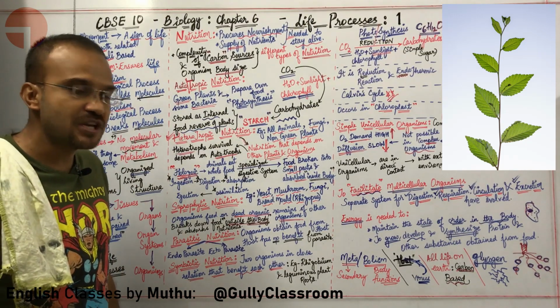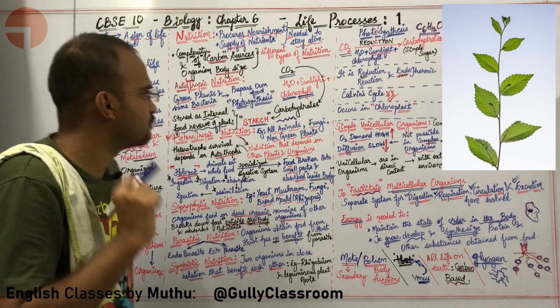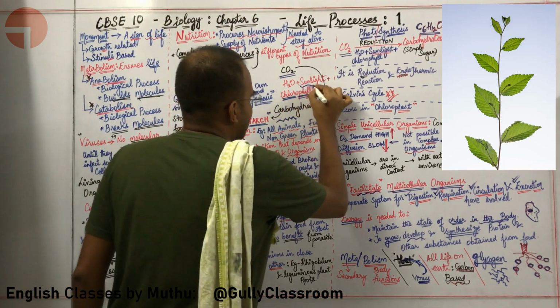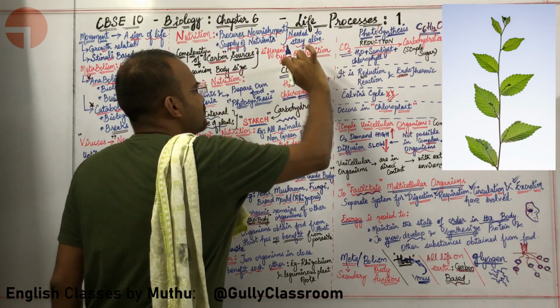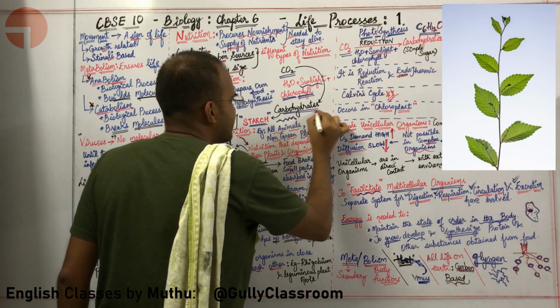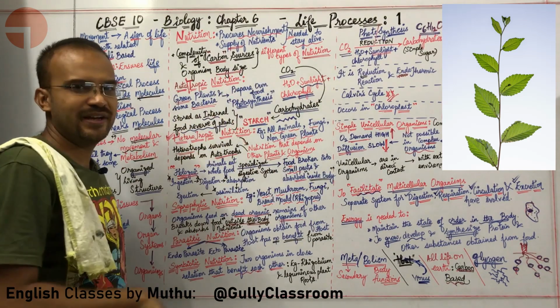The chlorophyll absorbs energy from the sunlight, then it converts carbon dioxide into carbohydrates.